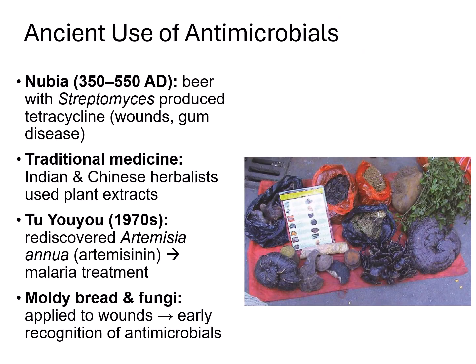Even ancient societies practiced a form of chemotherapy. In Nubia, beer containing Streptomyces bacteria, this is a tetracycline-producing bacterium, was used to treat wounds and gum disease. Chinese and Indian herbalists used plant extracts with antimicrobial properties, and in the 70s, Tu Youyou revisited an ancient Chinese text and isolated artemisinin from the plant Artemisia annua, and this became a cornerstone treatment for malaria.